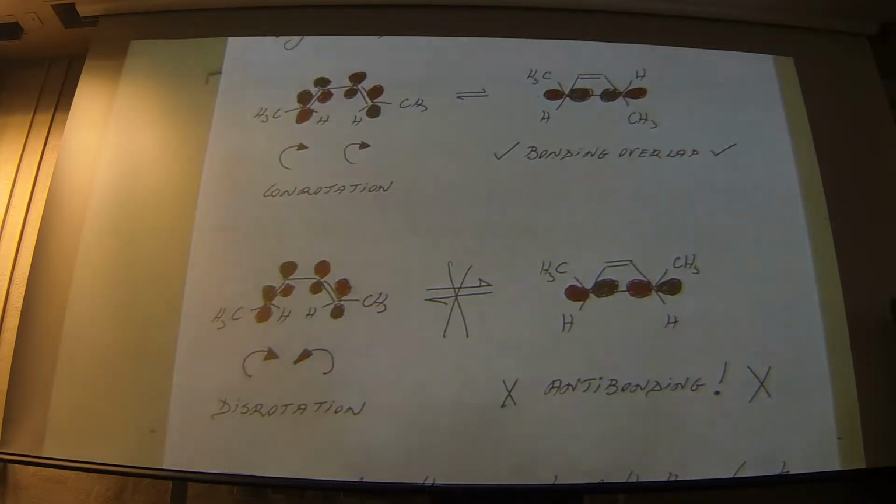Now, this is the simplest way of doing it, and it gives you the right answer. It's the correct way of doing it. I haven't fluffed anything. If you were to look at Woodward and Hoffmann's 1960s paper, they go through a much more complicated argument that correlates the molecular orbitals in the starting material with the product.